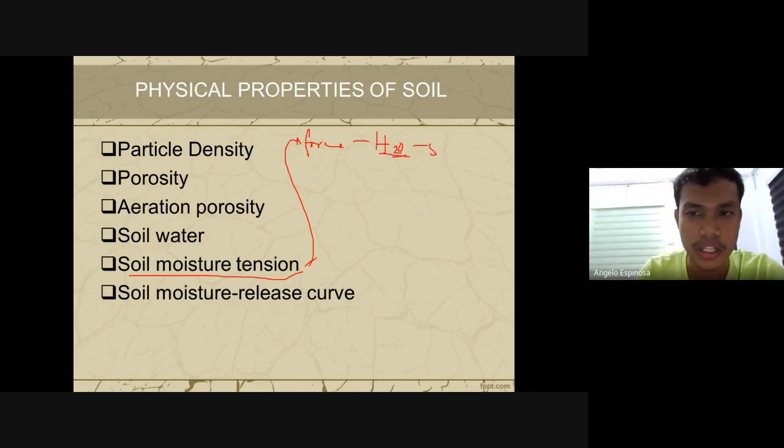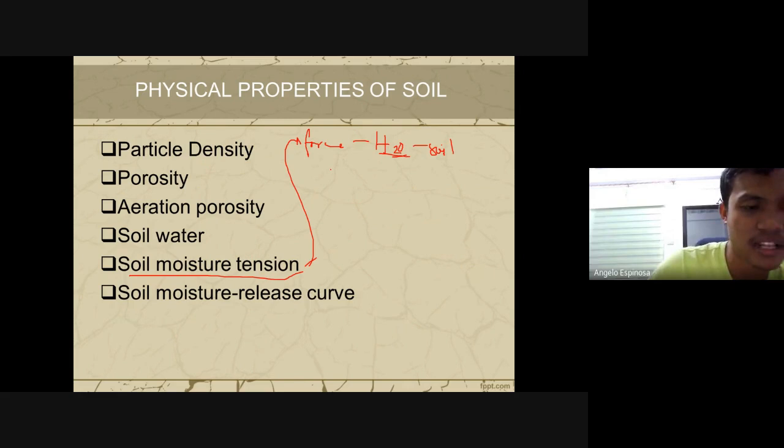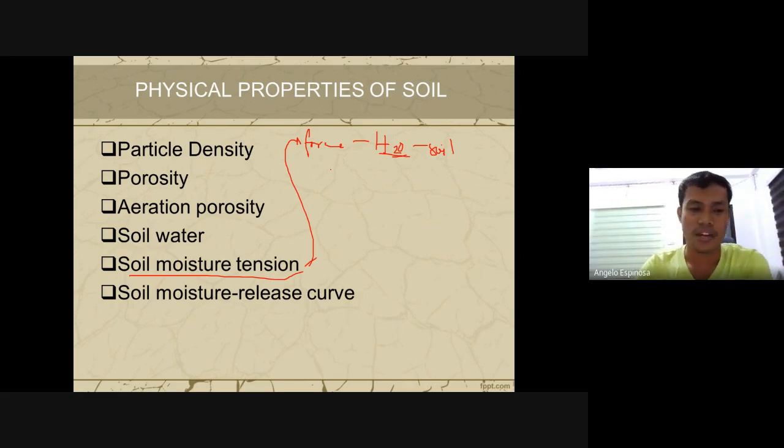When we say soil moisture tension, it talks about the soil water force or moisture force. It is the force that must be overcome by plant roots to draw water from the soil.